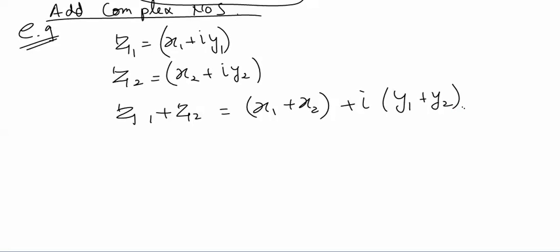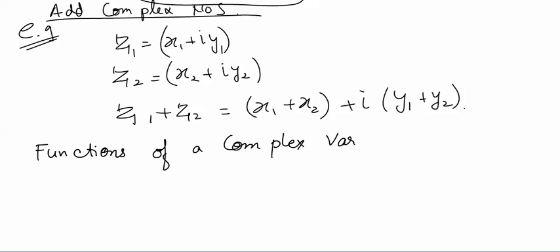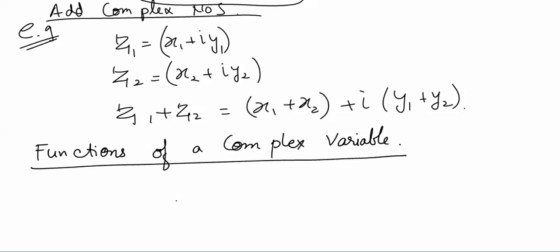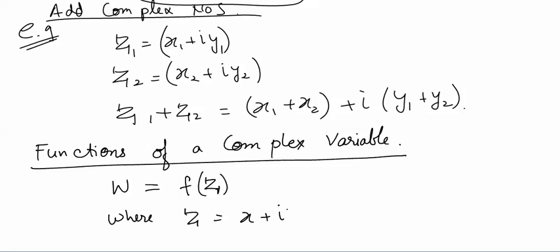What we want to understand here is functions of a complex number or a complex variable, which we call complex functions, denoted by W. The functions in Z, where Z is x plus iota y.